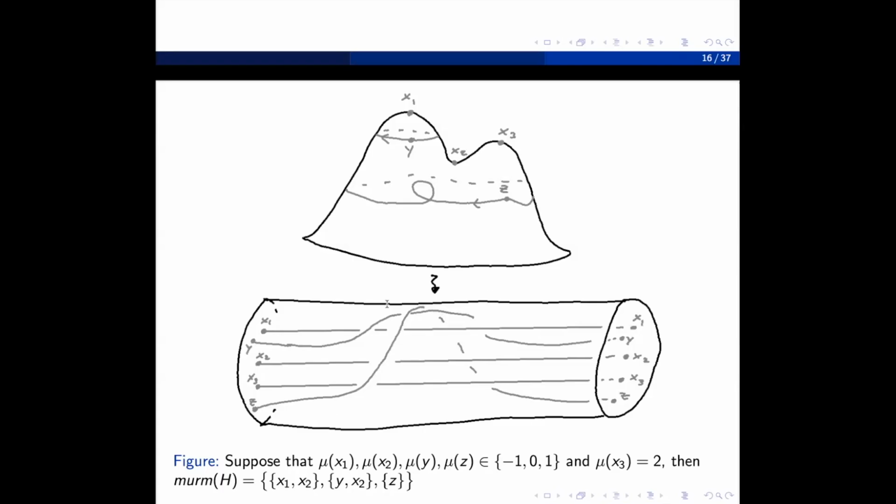Okay, then what are your merm braids? x1 and x2 give you a merm braid because y links with x1 and z links with both x2 and x1, right? y and x2 are a merm braid because again, y links with x1 and z links with x2, okay? And x3 isn't in there because it's not in the Morse range, right? And just z itself is also a merm braid here, okay?